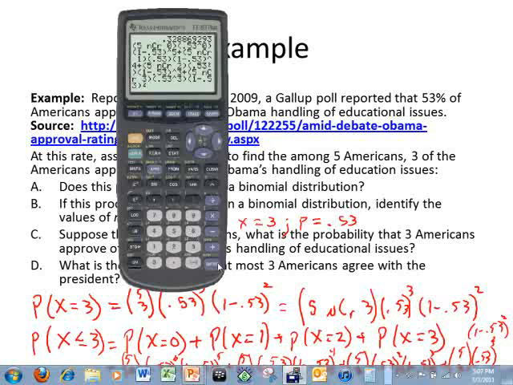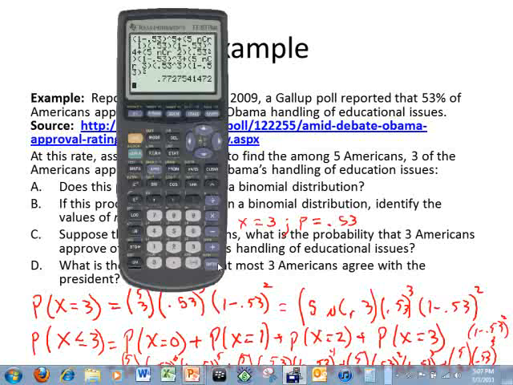Do I have them all in right? Yep, looks good to me. So 0.773 will be the probability that we have at most 3 people that will agree.